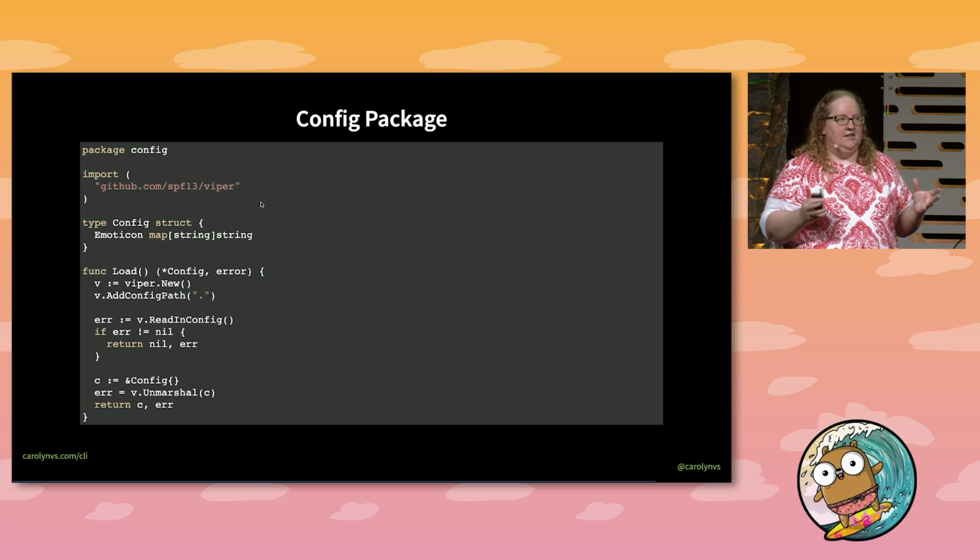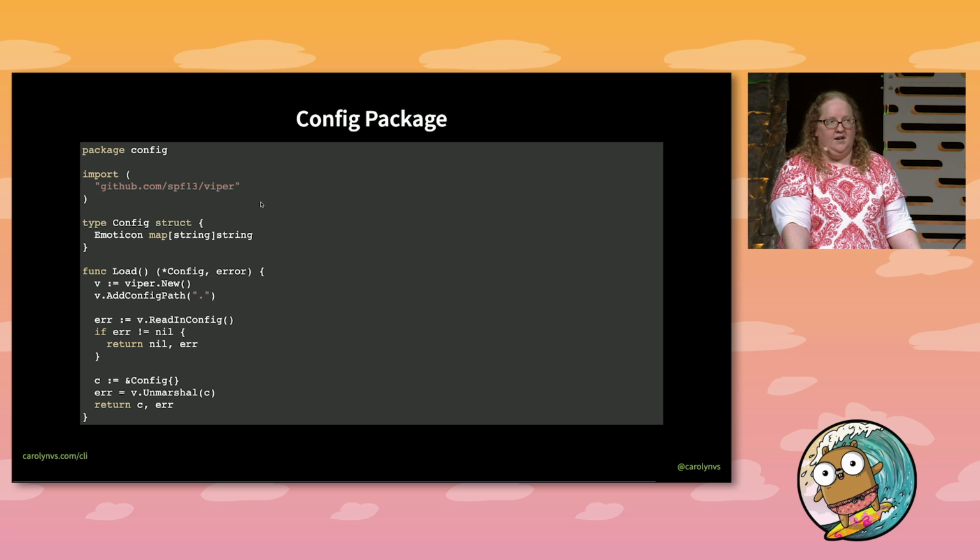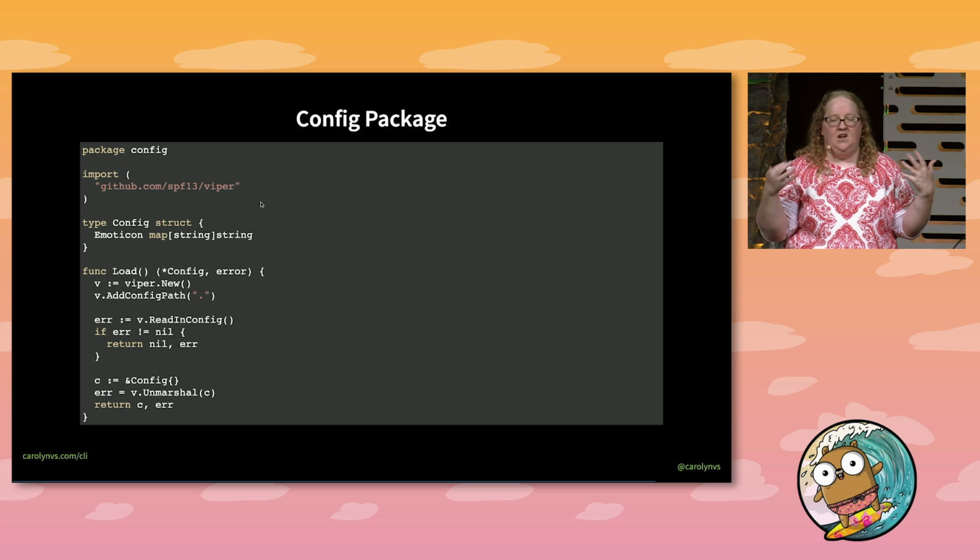So I made a struct called config, and I have my emoticon map there of what's the name and what's the representation. Then I made a load function that basically just did what new was doing before. It figured out what configuration file I'm using and read it in, and instead of just saving it inside of Viper to be continually reevaluated, it unmarshals it into the struct, and it's done.